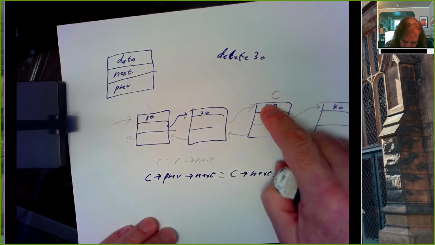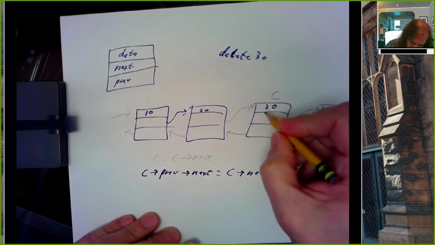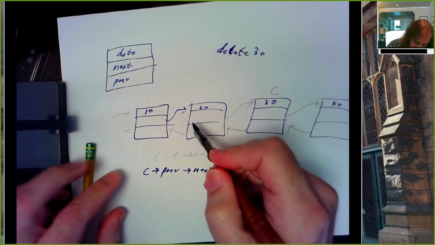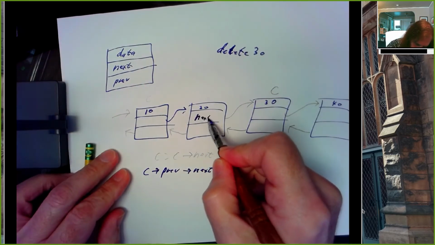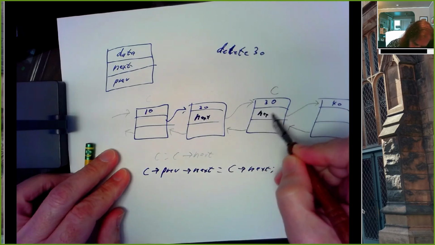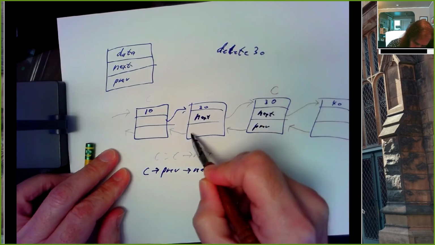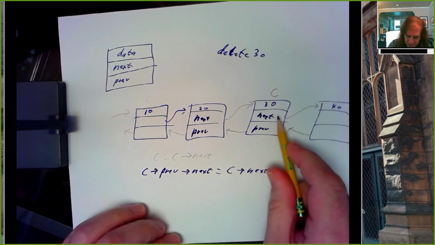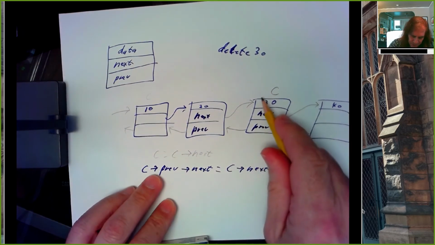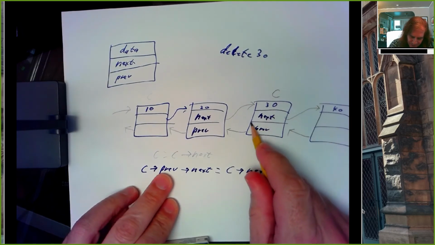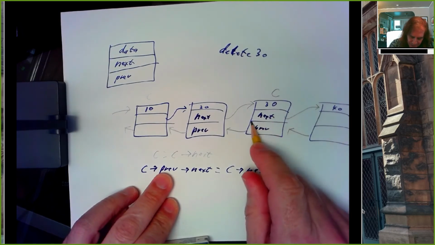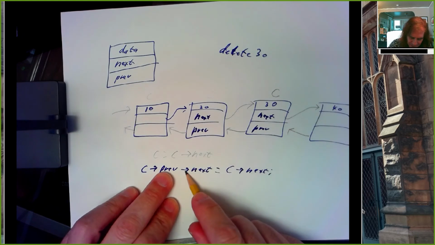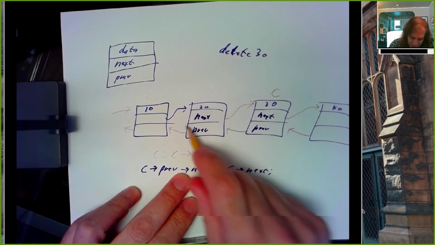So here's the current node. And let me label these. So current node, the thing that it points to is this block. The previous field is this block, which is a pointer to this node. This arrow says take the thing it points to, which is this node.